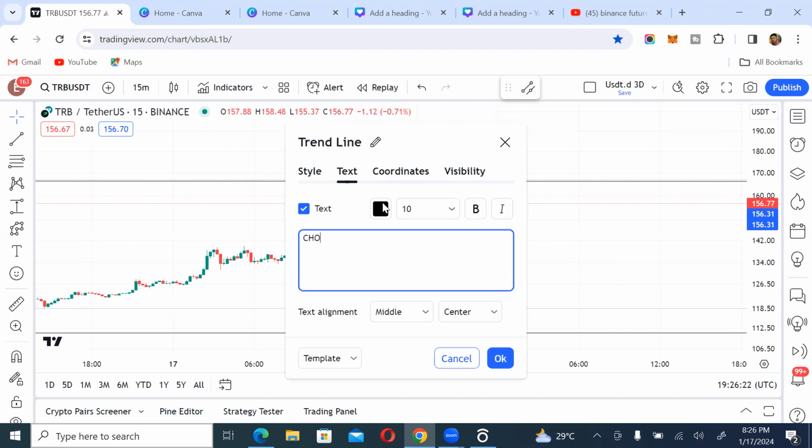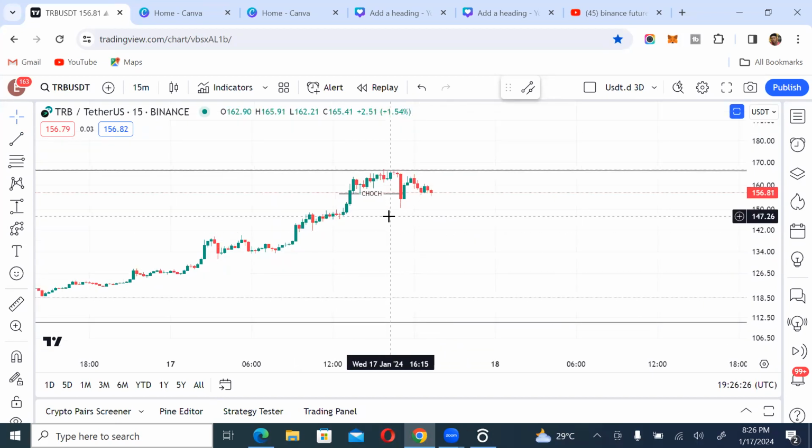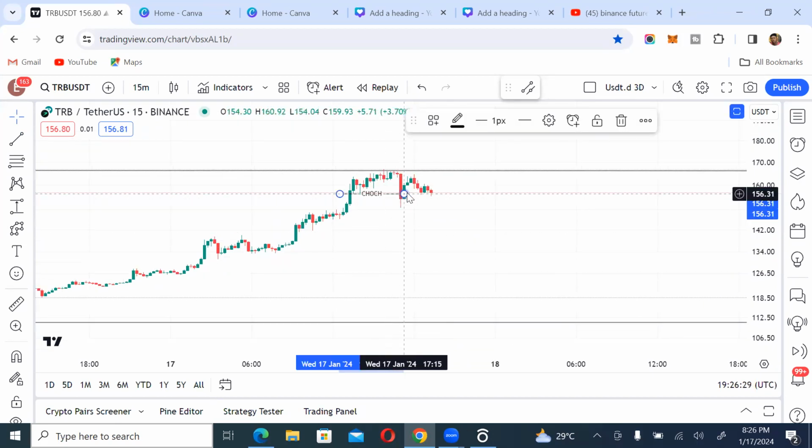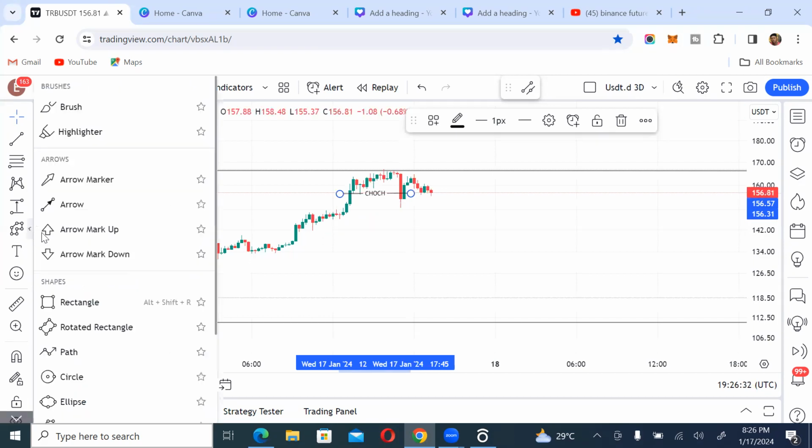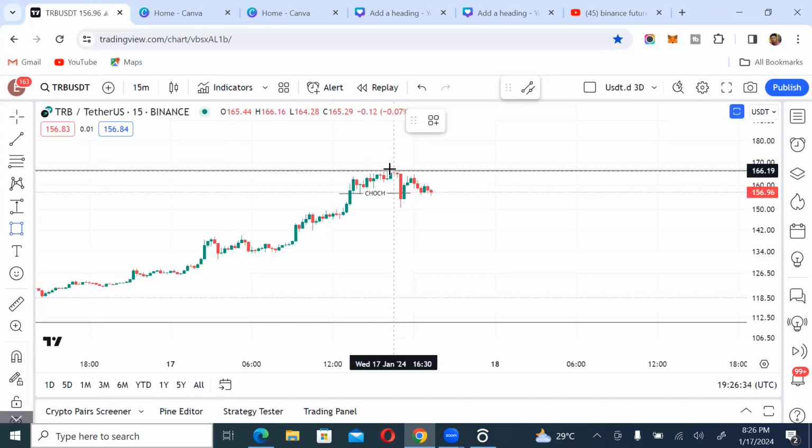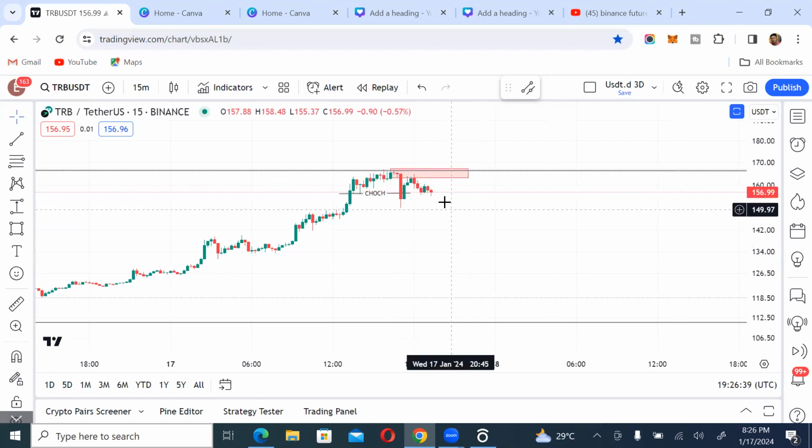We have our CHoCH already, and price has come back to retest this level.